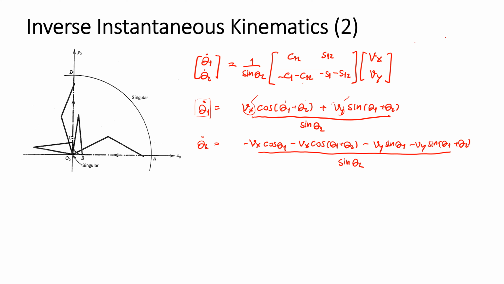The joint speeds need to be in this condition so that we can obtain the Vx, Vy that we decide at the endpoint. But what is the important thing I want you to see in these two solutions? I want you to focus on sine theta 2, the determinant of the Jacobian matrix.